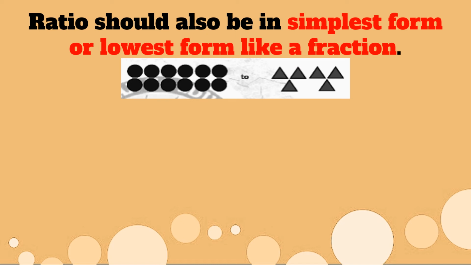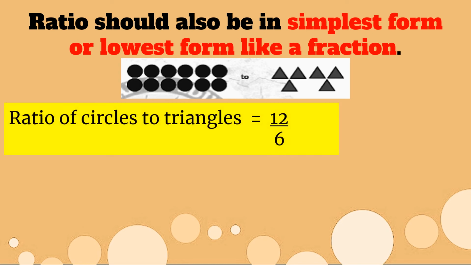Okay, so ilo-lowest term natin yung ating mga nakuwang answer kanina. For some examples, previously, the ratio of circles to triangles, nakuha natin doon is 12:6. In order to get the lowest term, we are going to get the GCF or the greatest common factor, or we can think of the biggest number na pwede nating i-divide sa kanila pareho.